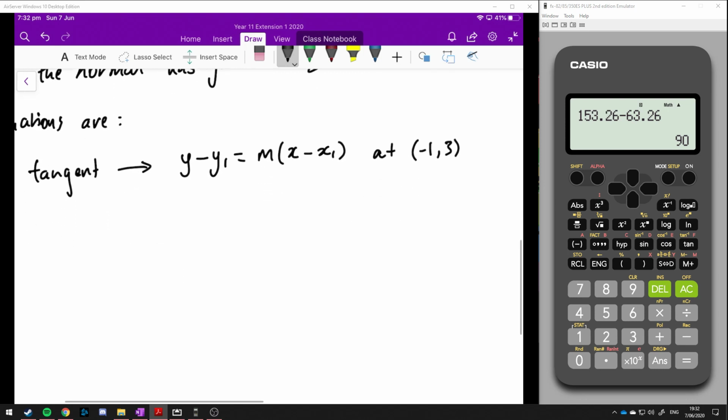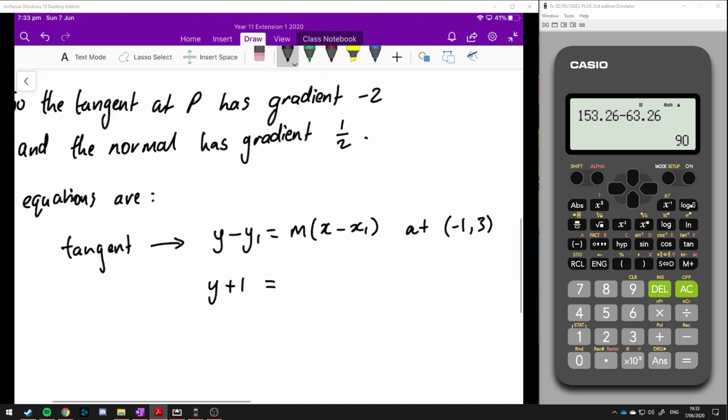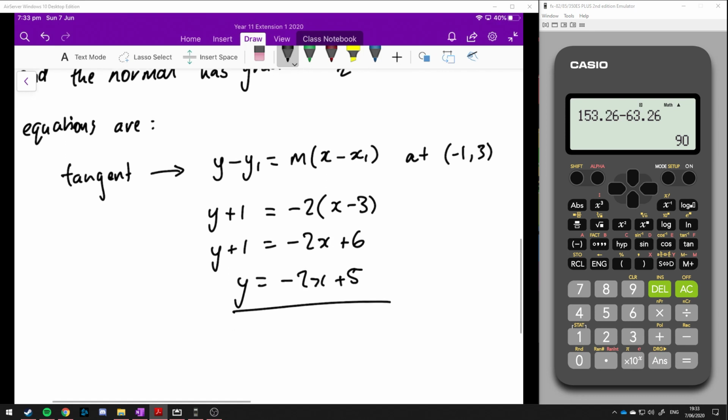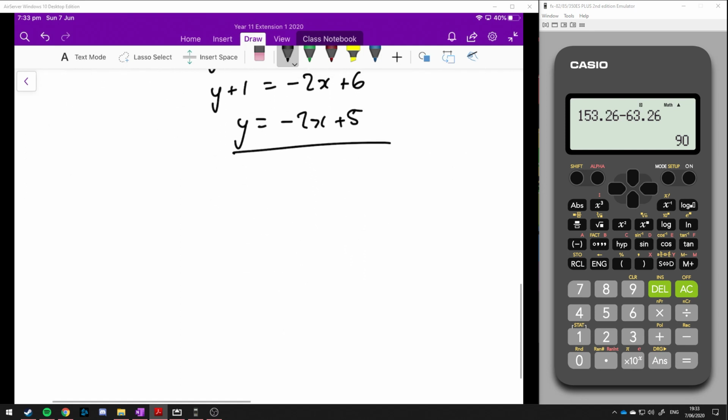We get y minus 3 is equal to, and our gradient was negative 2 for our tangent, so x plus 1. So y minus 3 is equal to negative 2x minus 2, so y is equal to negative 2x plus 1. That's the equation of the tangent.